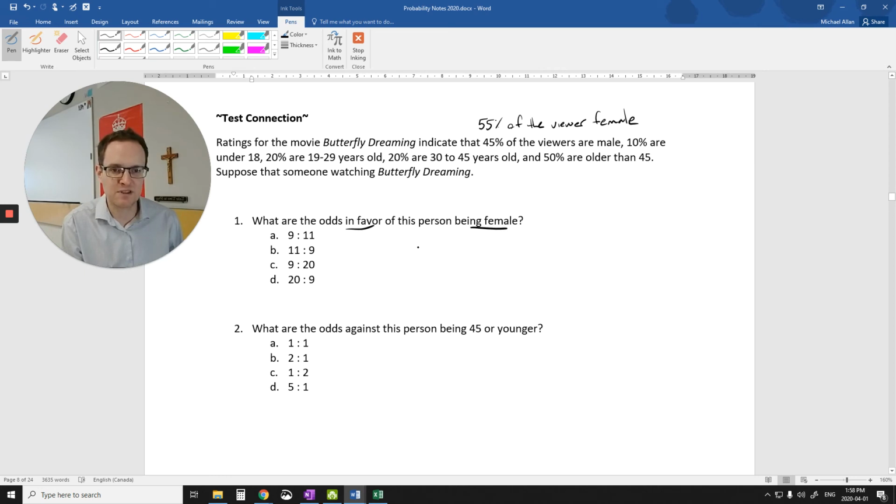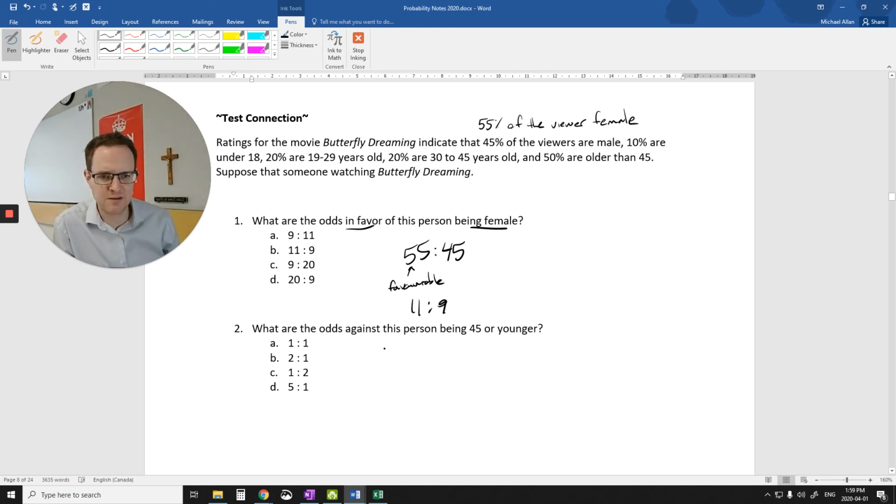I wanted to know that percentage, because if you think of percentages as being 100 people, 55 of 100 people are going to be female, and 45 are going to be male. So this is the favorable outcome here. That doesn't really match any of these numbers because they've reduced them down. So you take out your calculator, you go 55 divided by 45, enter, and you're going to get 11 to 9 for that one.